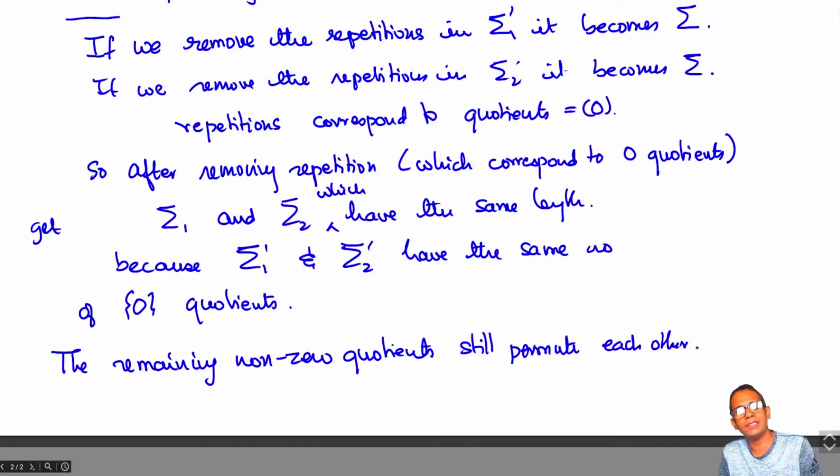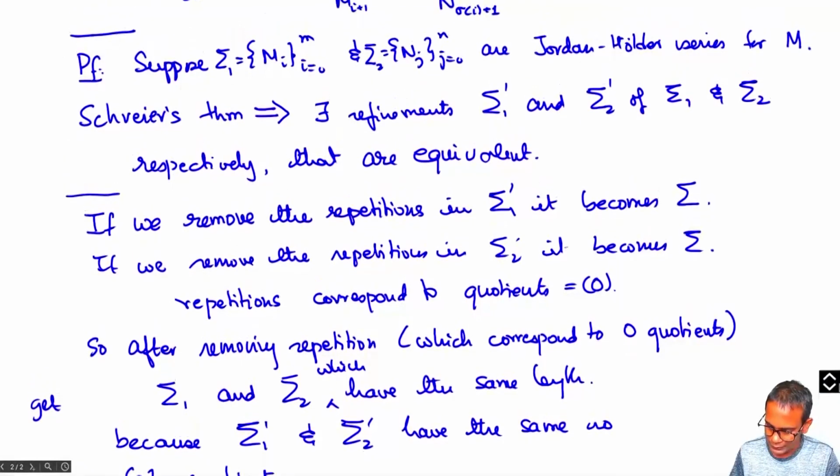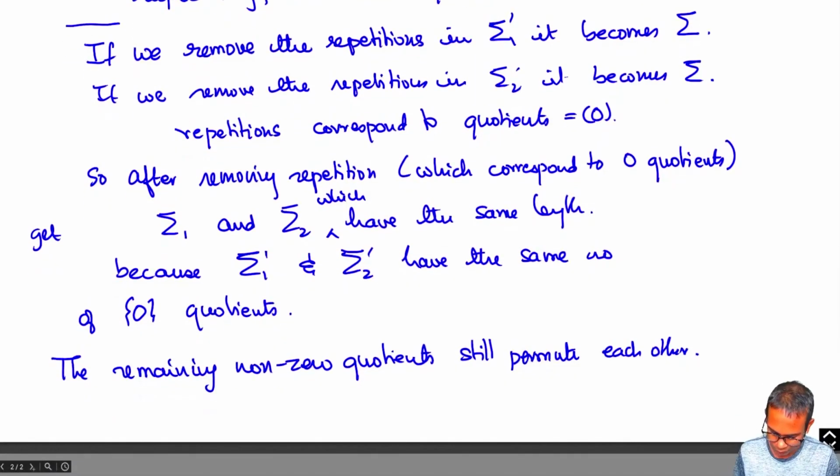Right, so we have a bijection between the zero quotients. After we remove them, we will still have a bijection between the non-zero quotients. And so these two Jordan-Holder series, sigma 1 and sigma 2, have to be equivalent.